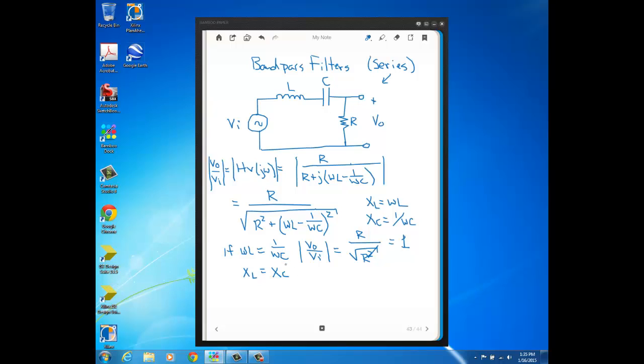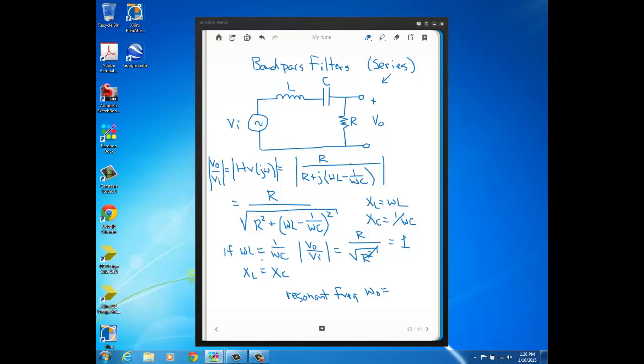And the frequency at which this occurs is called the resonant frequency. And resonant frequency we symbolize with omega 0.